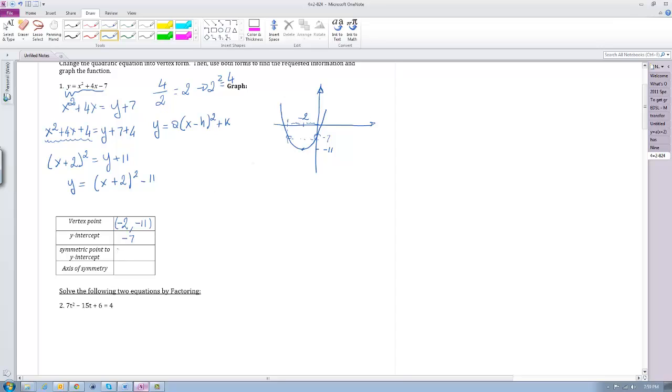So the symmetric point to the y-intercept is located at minus 4, minus 7. What about the axis of symmetry? The axis of symmetry is the axis that goes through the vertex, and it's x equals minus 2. We finished. This is the first problem that was done.